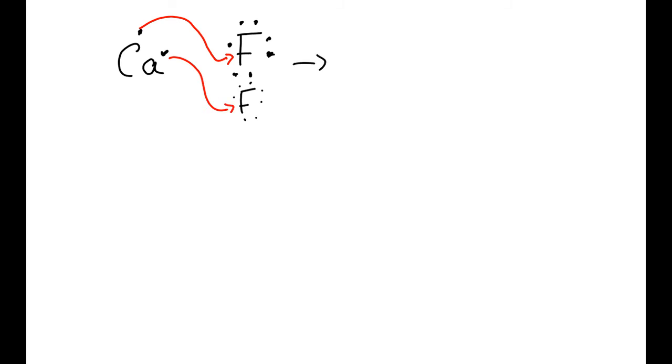Now calcium has no electrons, 2 plus. Fluorine has all 8. And there happens to be still 1 minus because they only gained 1, but there's 2 of them. You can do it like that, or you can draw 2 fluorines.